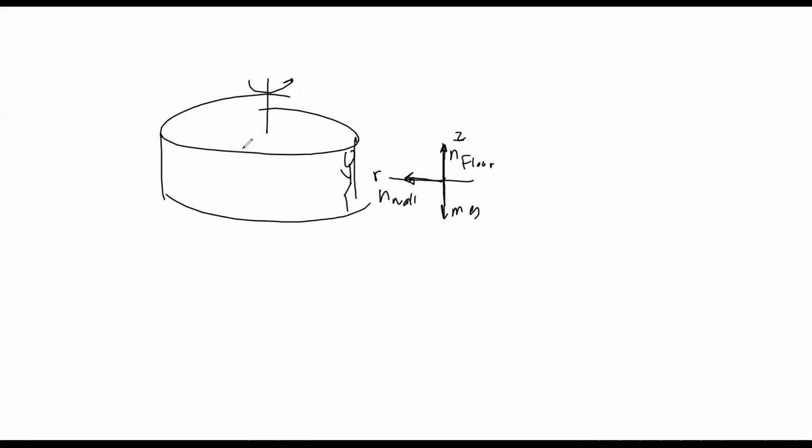And so as we're watching this thing rotate, in our Newtonian frame of reference, we're saying to ourselves, the person is accelerating towards the center. And so the normal force from the wall is equal to the net force.